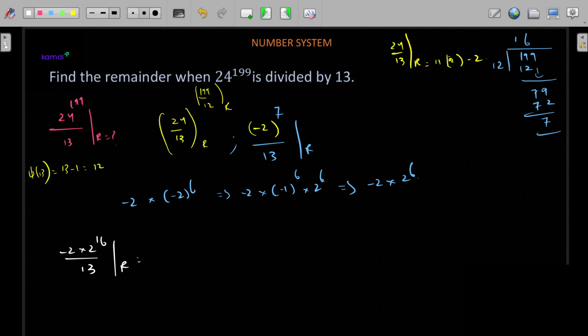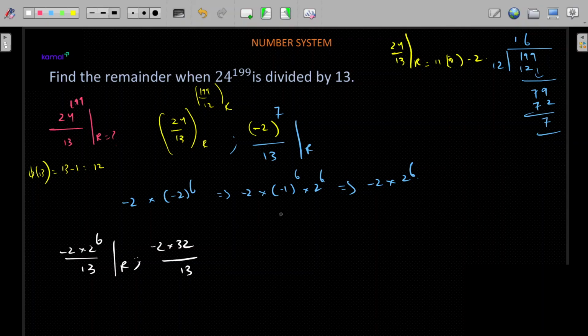Since it is 2 power 6, right? This 2 power 6 is nothing but 64. Sorry, 2 power 5 is 32. So minus 2 into 32 by 13 to find my remainder.